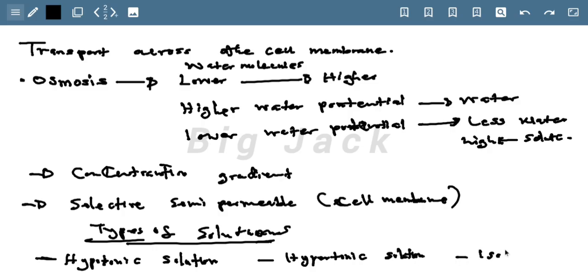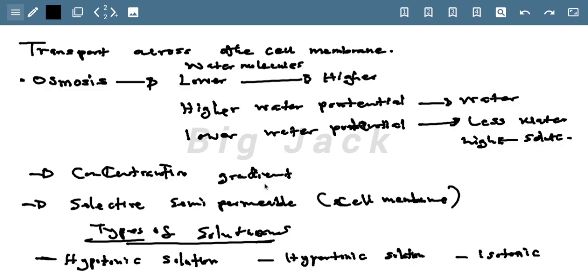So what should you know about these solutions? You need to know what happens when you put a specialized cell, or just a cell, in one of these types of solutions. For example, if you put a palisade cell in a hypotonic solution, is it going to gain water or lose water?